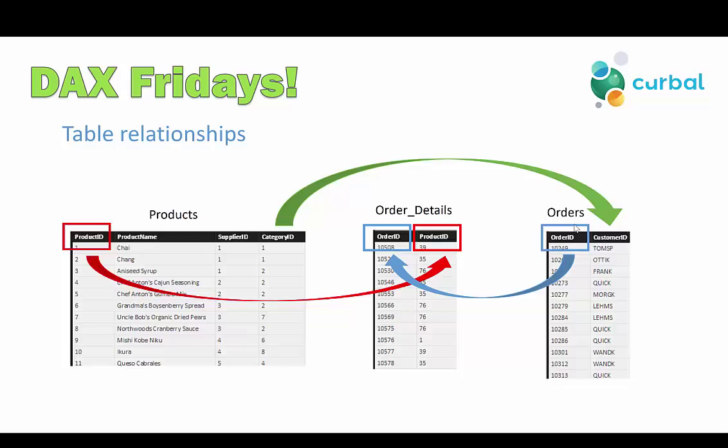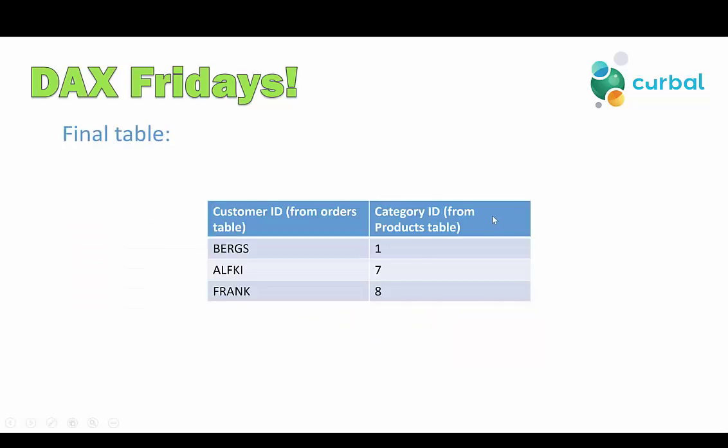So again, we need a table with customer ID from the orders table and category ID from the product table, okay? This is what we need to actually calculate the average number of products or categories per customer.